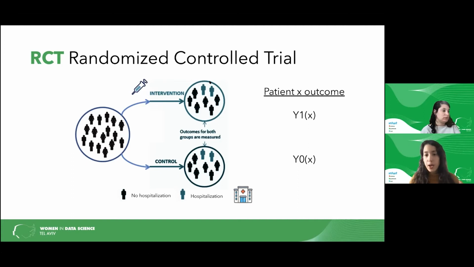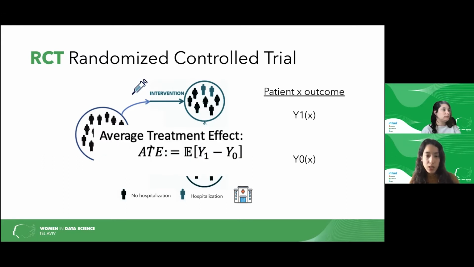Then we compare the outcome of the two groups on average. Let's say our outcome is, did this patient have a respiratory hospitalization after receiving the COVID vaccine? We compare the intervention group to the control group, and we calculate what is called the average treatment effect, which is the average of the difference between the outcomes of the two groups.